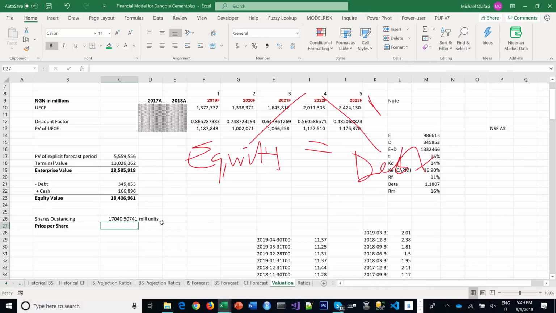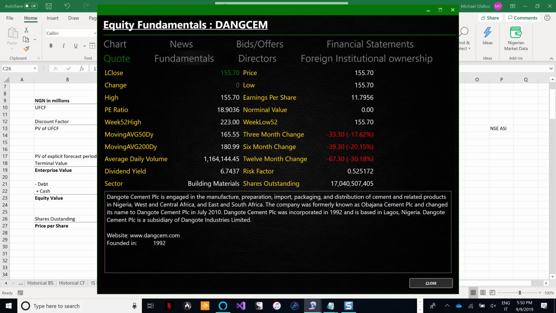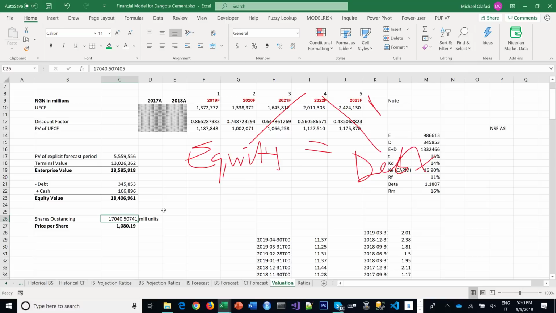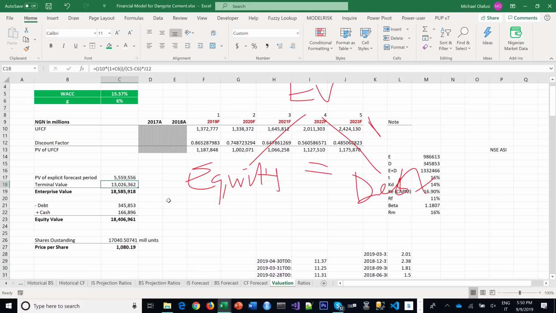Okay, so now if I divide the market cap, or the equity value anyway, by this, it will get me the value. Let's just check if I've not omitted anything so far. Okay, so it gets me what the company is worth.